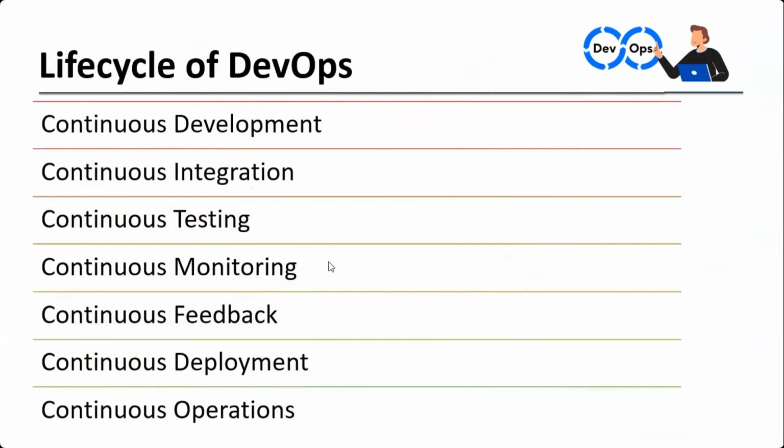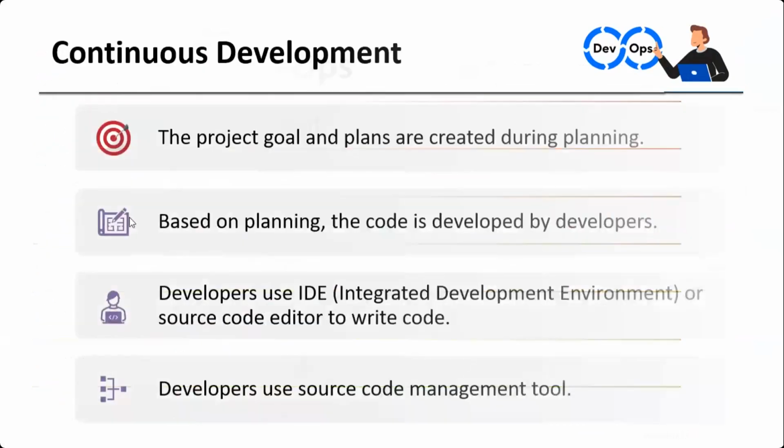You can think of it as integrating continuous development, then integration, then testing, monitoring, feedback, deployment, as well as operation. So DevOps aims for quality software, and of course, it is aligned with the business goals and the user needs.